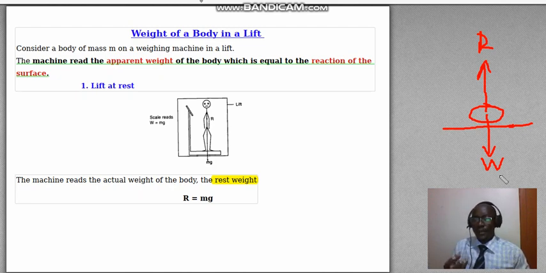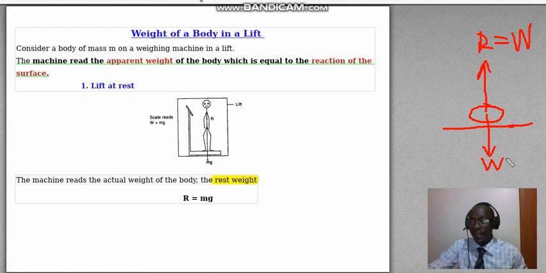So if the body is not moving, what is the relationship between the weight and the reaction? Newton's third law. The two will be equal. So we shall find that the action and reaction are equal.